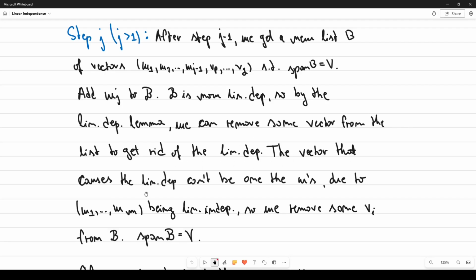The vector that causes the linear dependence can't be one of the w's, since the list of w's is linearly independent. So one of the v's has to be the problem, and we remove some vi from B. Again, after we've removed the vi, the span of B is equal to V. So this is the procedure.